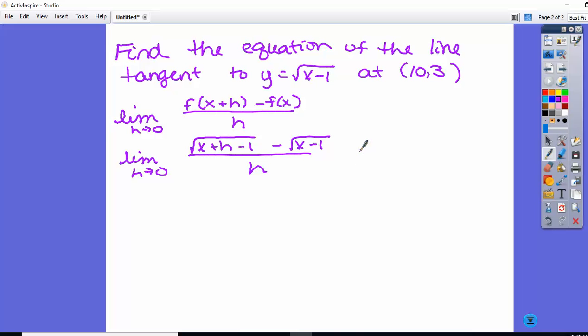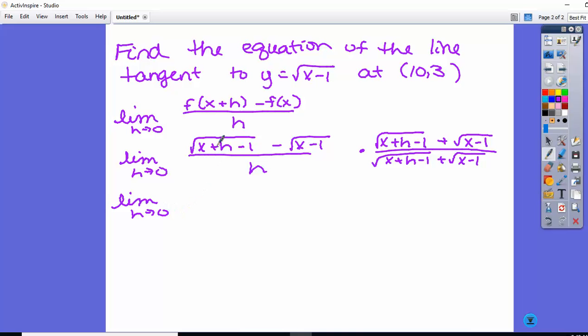What do we do on our radical problems? How did you get it? If you take a radical times itself, the radical drops. So I get x plus h minus 1 minus my x minus 1 over h times my radicals.